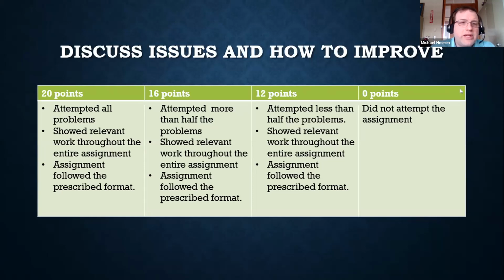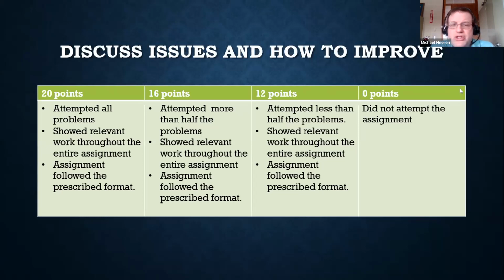So let's look at the 20 points. Do we think that the 20 is set up okay if we have clarity as to what relevant work is? Go ahead and pop in the chat if you think 20 is okay.